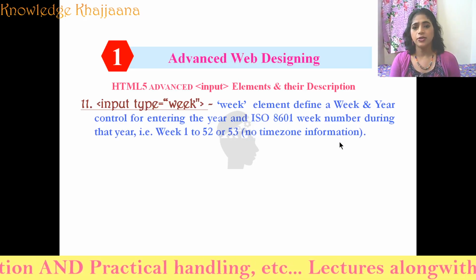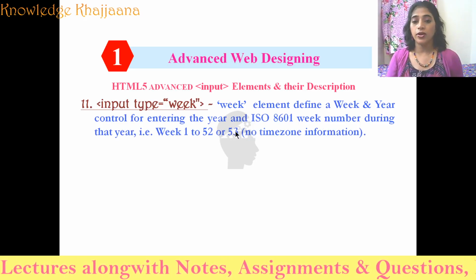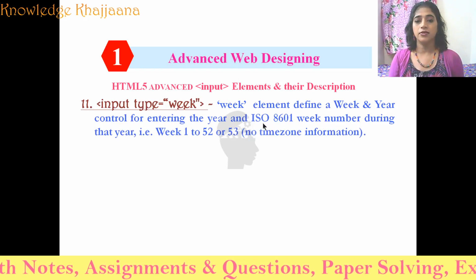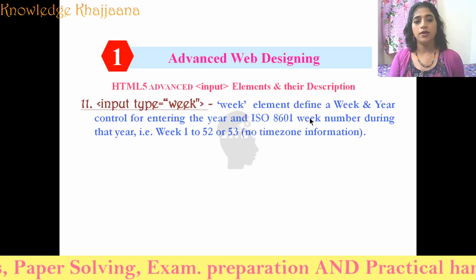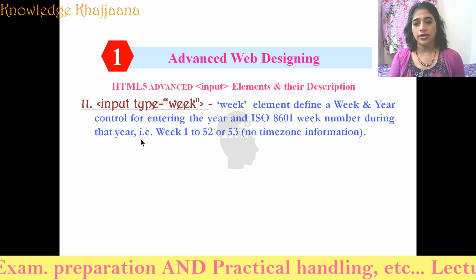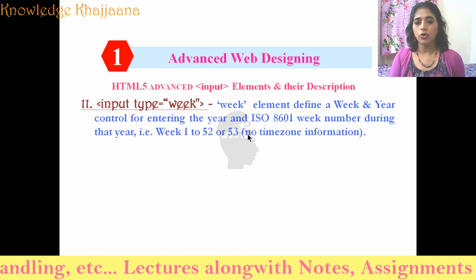It is a really unique element. It defines a week and a year control for entering the year following ISO 8601 week number during that year, that is week 1 to week 52 or 53.